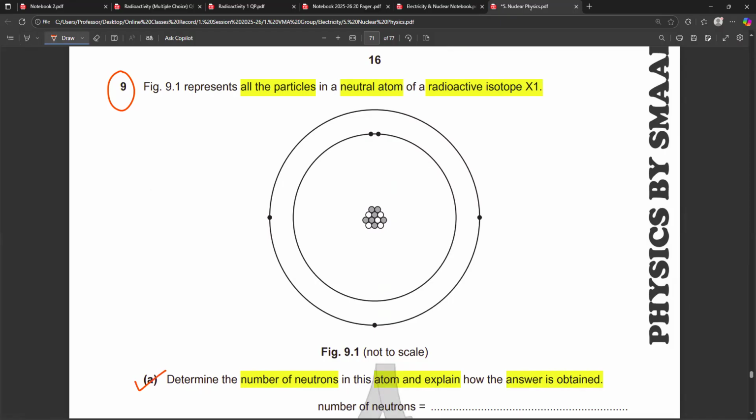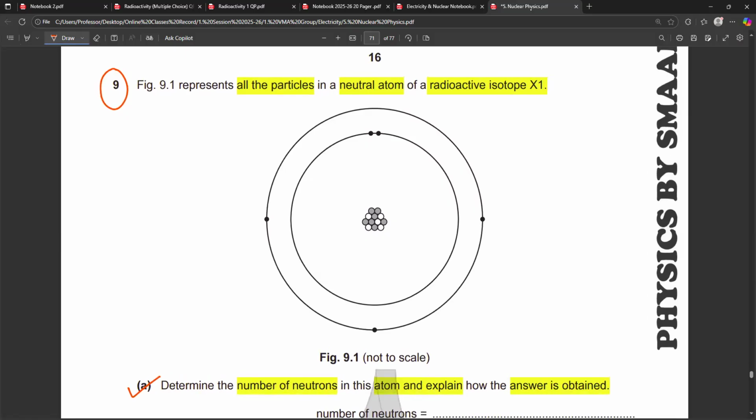So in this question, how many neutrons are present? We know that for the number of neutrons, we first have to count the number of protons and the number of electrons, because the number of protons and the number of electrons are always equal to each other.